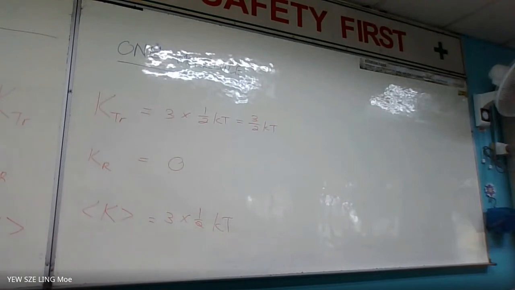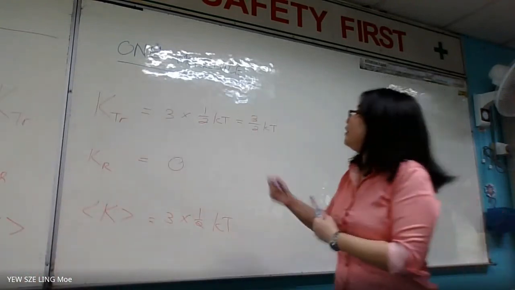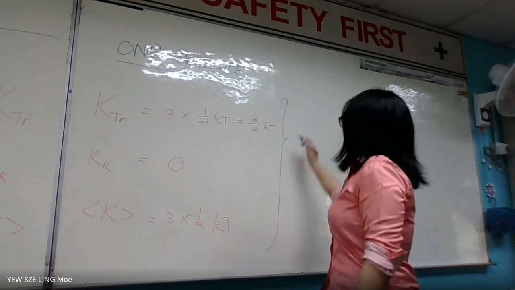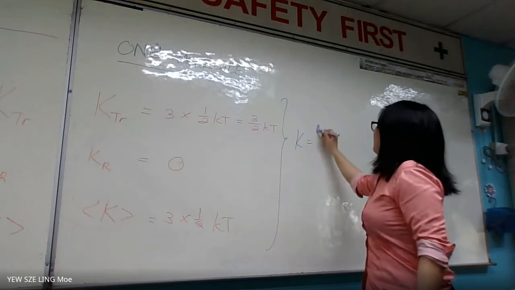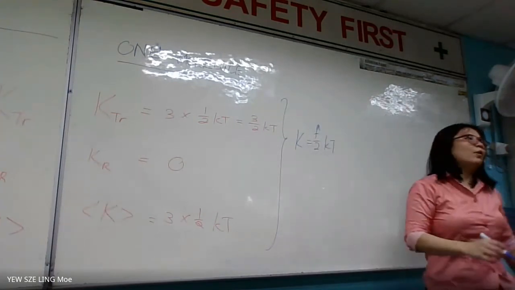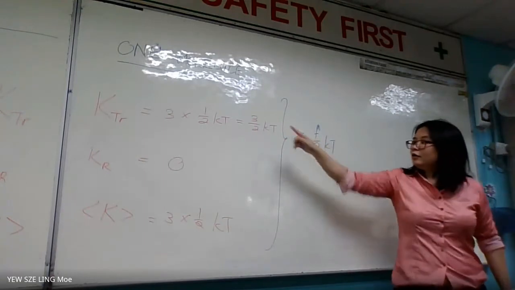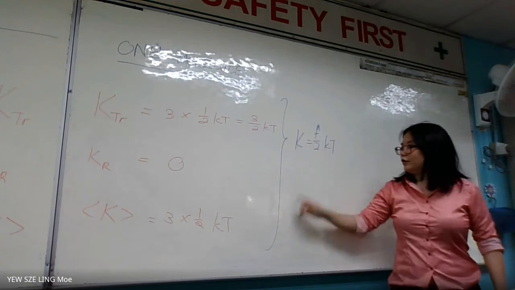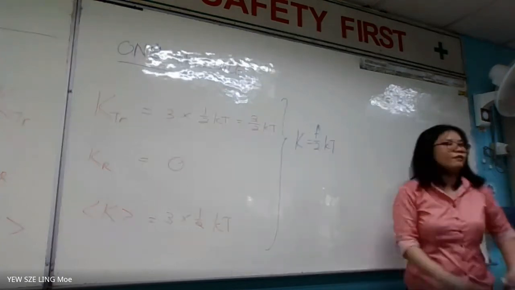So when you have a case for one molecule, basically the equation is K equals f/2 kT. This is for one molecule. You look at whether you're looking at the KTR, the KR, or the average, and then you identify the number of degrees of freedom.